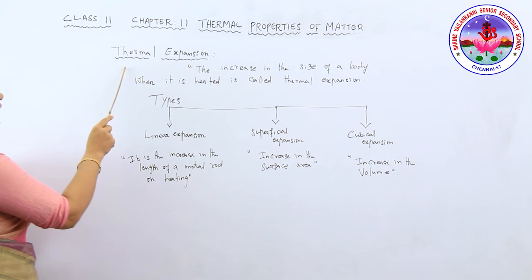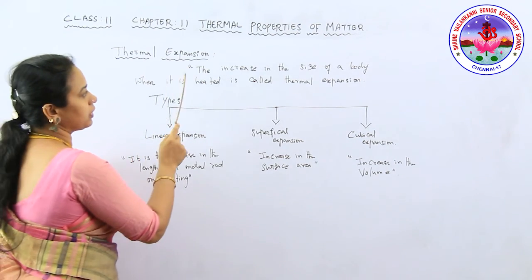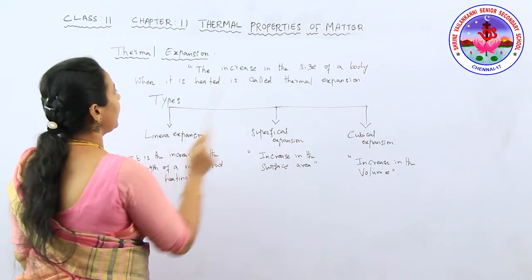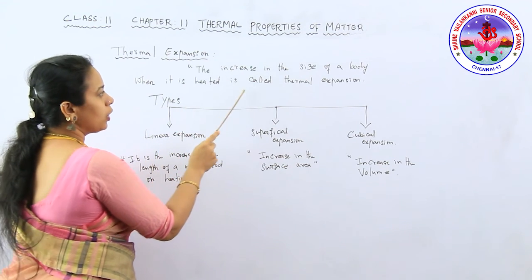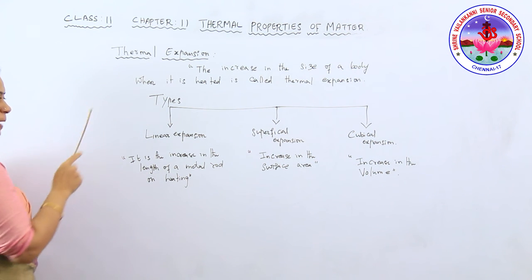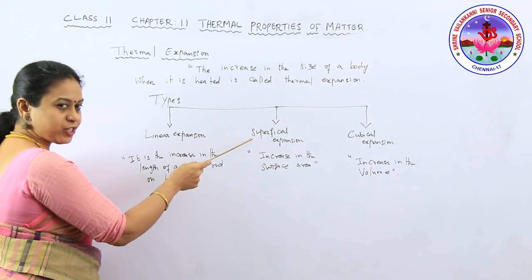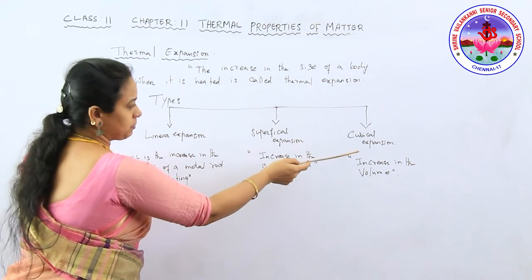The next one is thermal expansion. Thermal expansion is nothing but the increase in the size of a body when it is heated. The different types are linear expansion, superficial expansion, and cubical expansion.